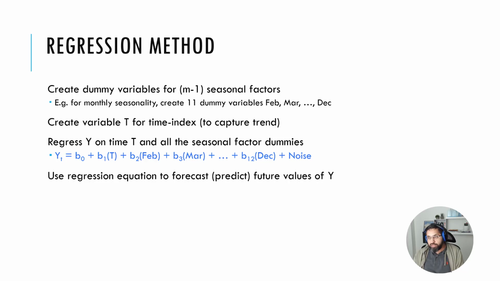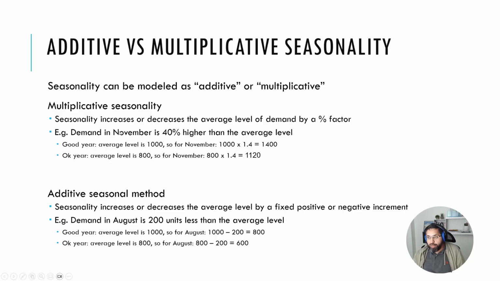The other way to model seasonality is multiplicative. So what does that mean? In a multiplicative seasonality, you are saying that the sales are higher or lower in a particular month compared to other months, or a particular quarter compared to other quarters, as a percentage amount. For example, if demand in November is 40% higher than the average level, you might have a seasonal factor of 1.4.